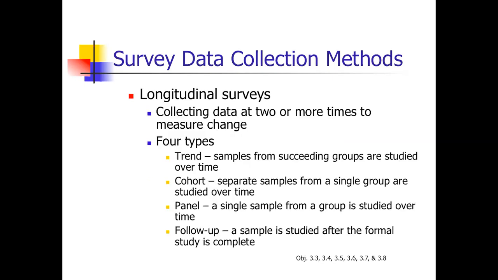Developmental surveys and longitudinal surveys may have some different subtypes. Take, for example, trend longitudinal, cohort longitudinal, panel longitudinal, and follow-up longitudinal. Or you can say trend survey, cohort survey, panel survey, and follow-up survey.